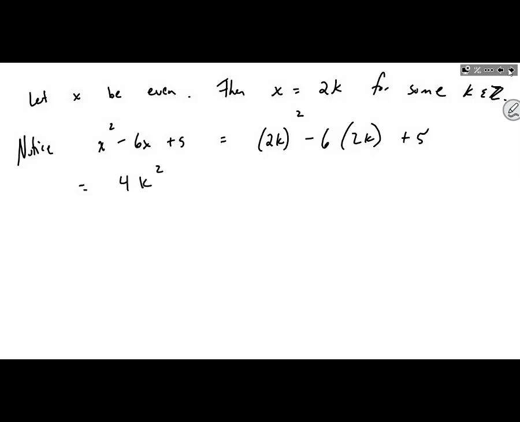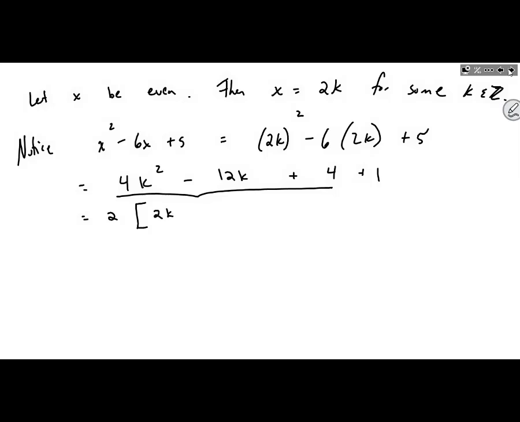This would be 4k squared minus 12k plus, and I'm going to write this 5 right here as a 4 plus 1. And now I can factor out a 2 from this piece right here.